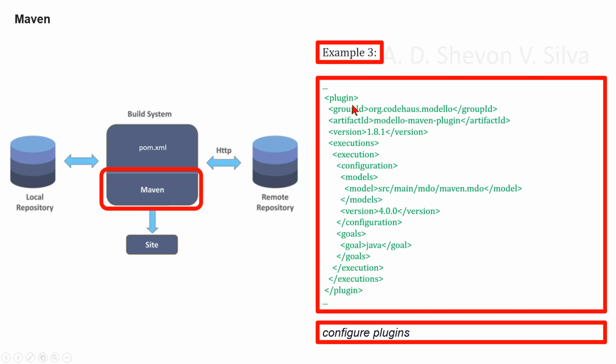Furthermore, a plugin may have one or more goals, wherein each goal represents a capability of that plugin. For example, the compiler plugin has two goals, compile and test compile. The former compiles the source code of your main code, while the latter compiles the source code of your test code.